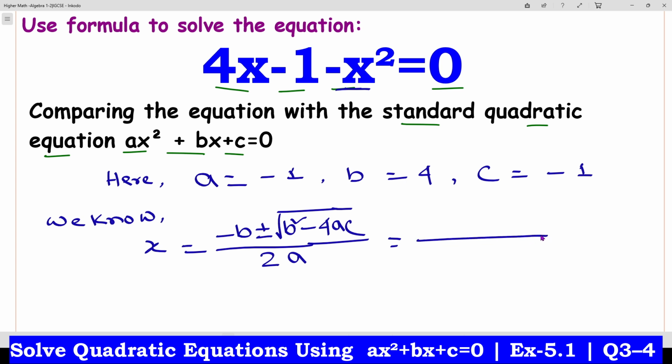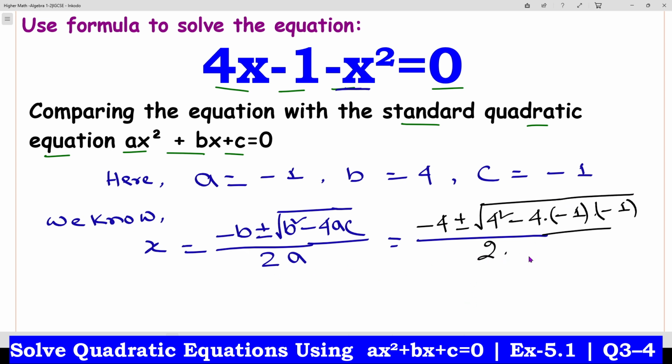So what is b? b here is 4, so we can write minus 4 plus minus root over b square, it means 4 square minus 4ac. 4 times a means minus 1 times c means minus 1. So we are going to multiply this one, and 2a, 2 times minus 1.